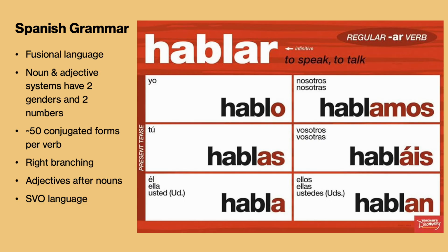It's also conjugated for past, present, future tenses, and then everywhere in between, as well as for formality and familiarity. It is a right branching language, and modifying constituents follow the head words typically. It's also an SVO language, a subject verb object language, but it can vary.